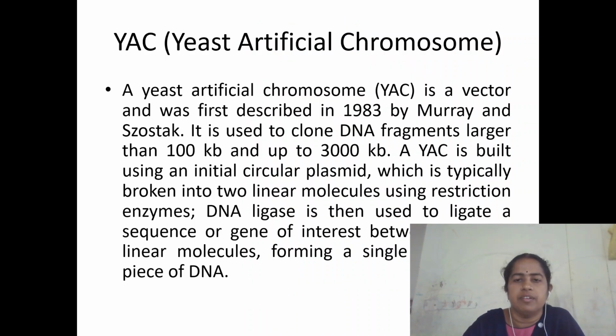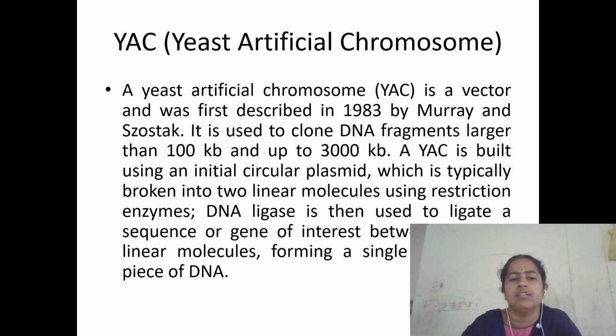Then yeast artificial chromosomes. A yeast artificial chromosome is a vector first described by Murray and Szostak in 1983. It is used to clone DNA fragments larger than 100 kb, and it can hold up to 3000 kb, that is, 3 million base pairs.